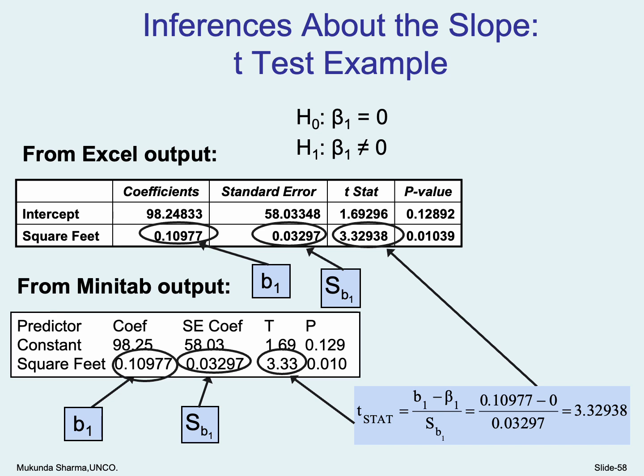Here we can compare this value with the critical value, or we can directly use the p-value, to decide whether to reject or accept. If the p-value is less than our specified value of alpha, then we can say there is a significant relationship between x and y.